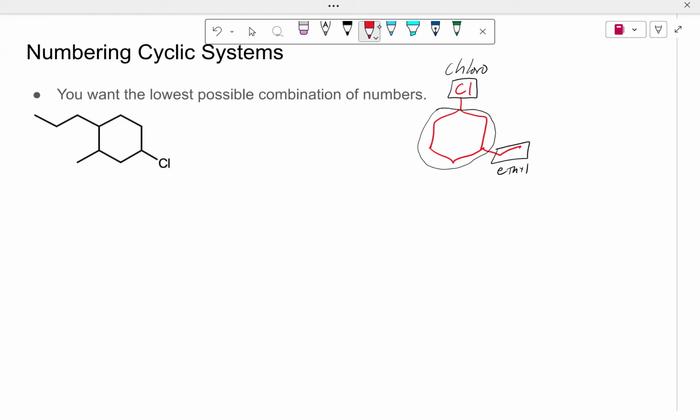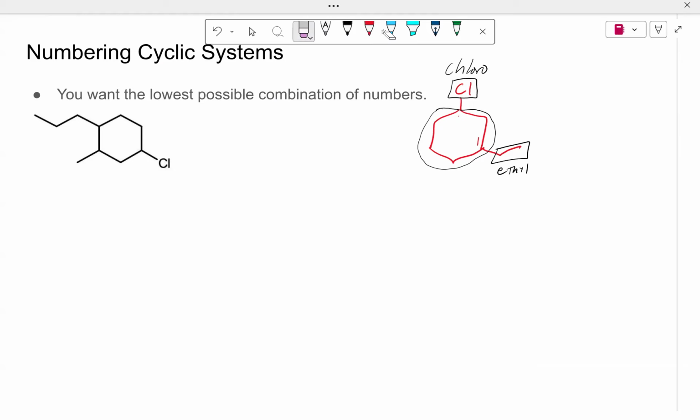So how do I number these? I'm going to default again to the normal rules, where the substituent encountered first gets the lowest number. But that means I could do this, 1, 2, 3, or I could go the other way, 1, 2, 3. So how do I do this? Because in one situation, the chloro is 1 and ethyl is 3, and vice versa.